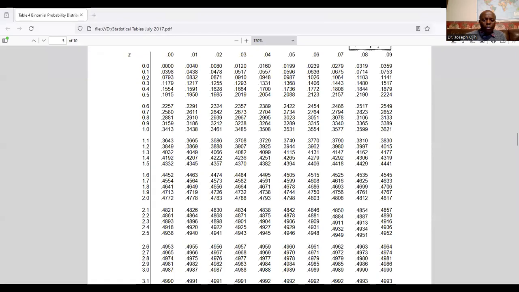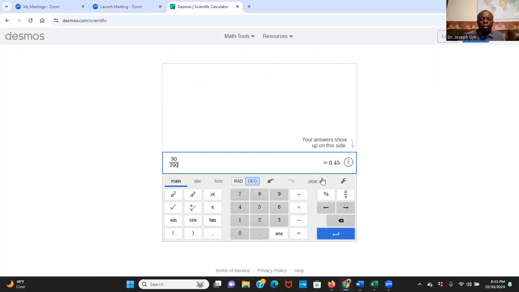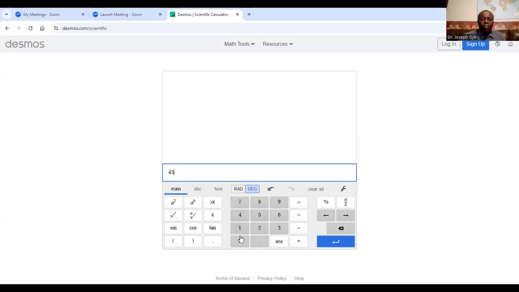For 0.45, two numbers are closest to it. I have this one, which is 0.4495, and the next one will be this one here. Because I didn't see 0.45 exactly, I'm going to choose the one that is closer. 4500 minus 4495 is 5 points away.